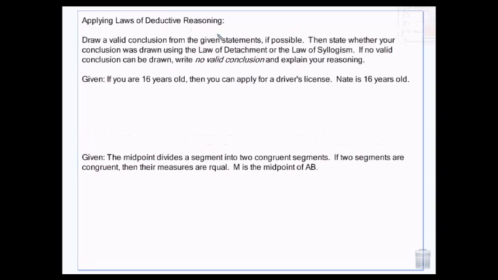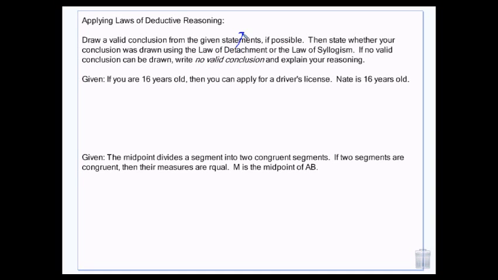Okay. All right, so we're going to draw a valid conclusion from the given statements if possible. We're going to state whether we're using the law of detachment or the law of syllogism. Now remember, the law of detachment is just one P and Q. And law of syllogism goes P, Q, Q, R to P, R. Okay, so that's really the only difference between them.